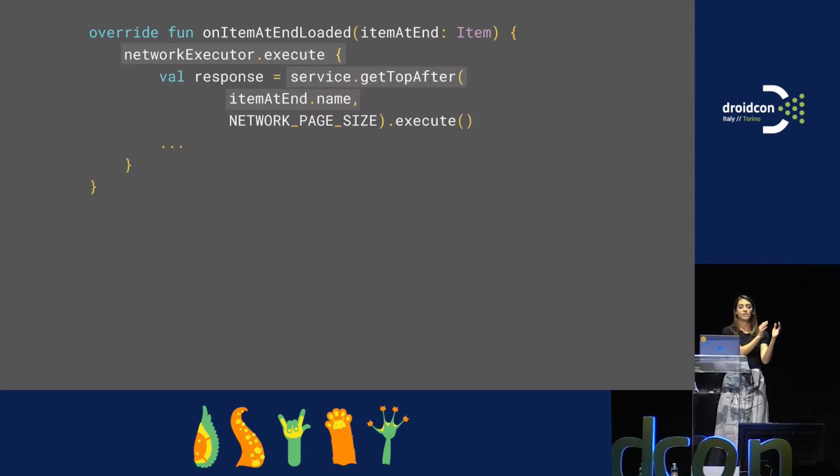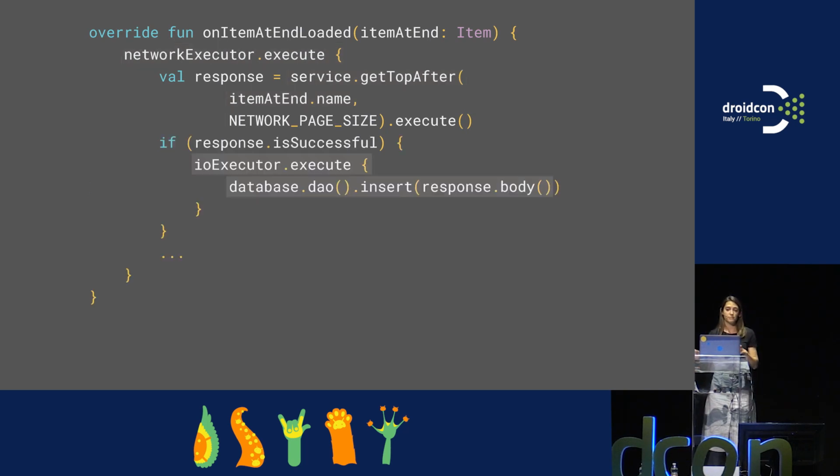Once we're at the end of the data from the database, then we know that we can request more data from our service. Once we get the response from the backend, we can switch to the IO thread and save that response to the database. And then automatically the database will emit a new live data, informing your UI of the changes.